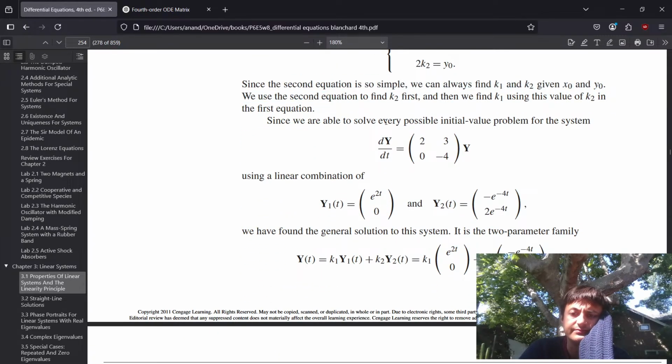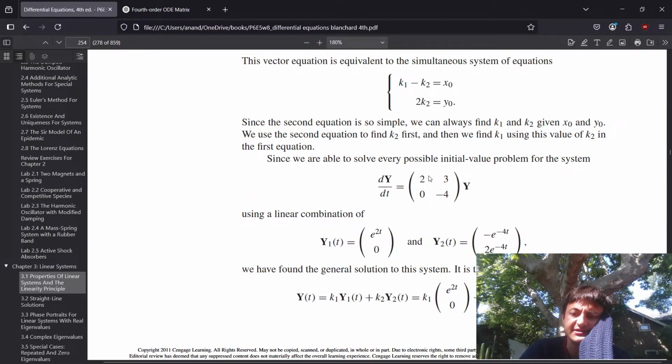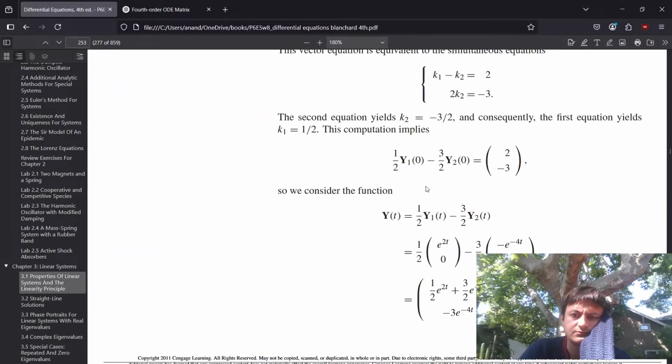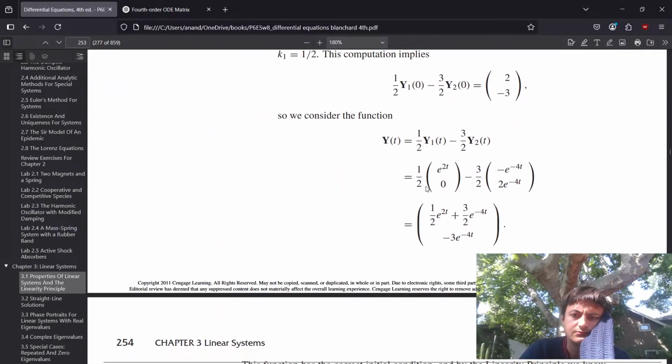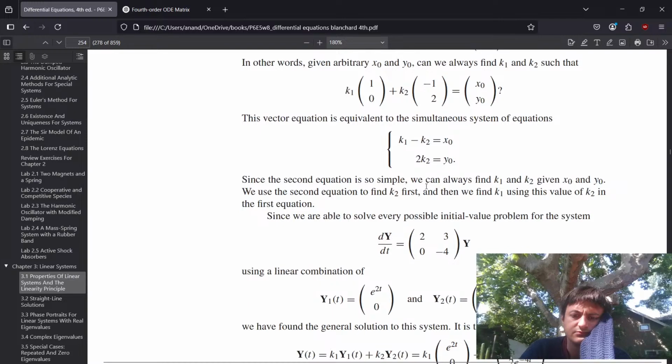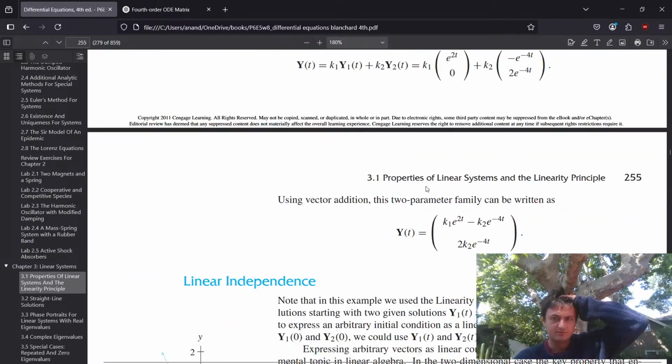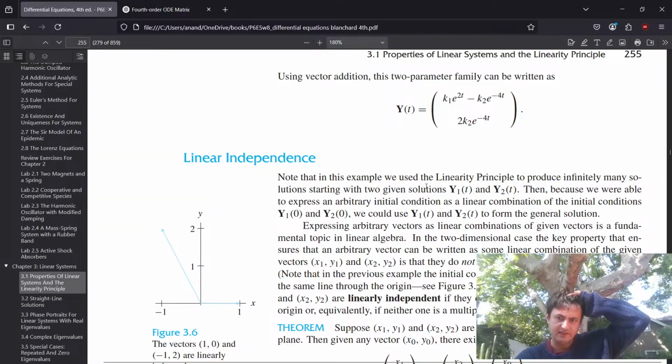Okay, so basically, since this spans the space.